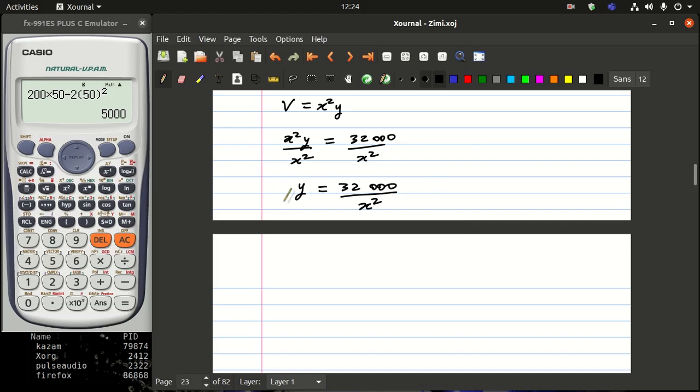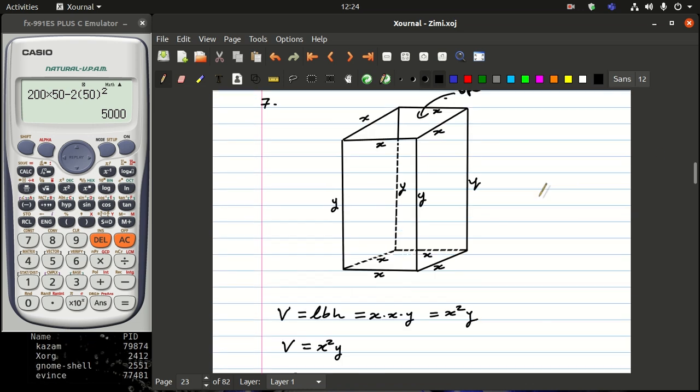And then we are having this y here, which is actually given. So we wanted to find the dimensions that will minimize the total surface area. First, how do we find the total surface area of a box like this?